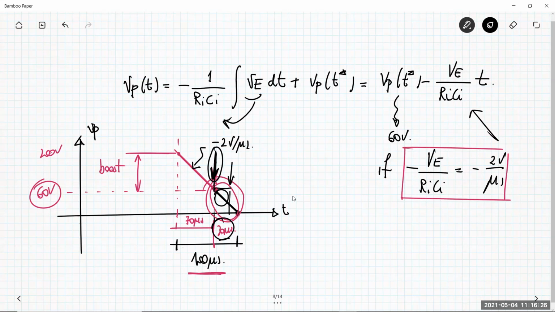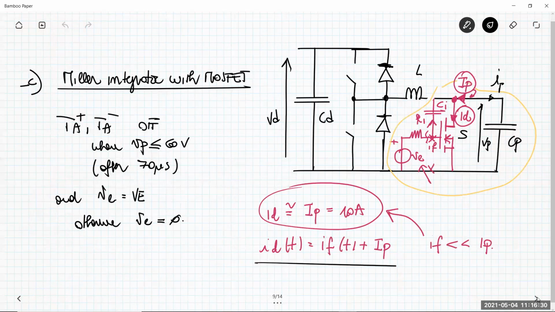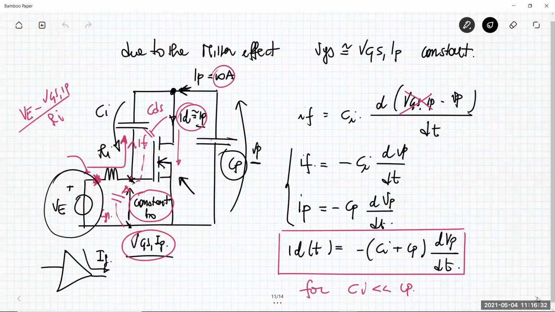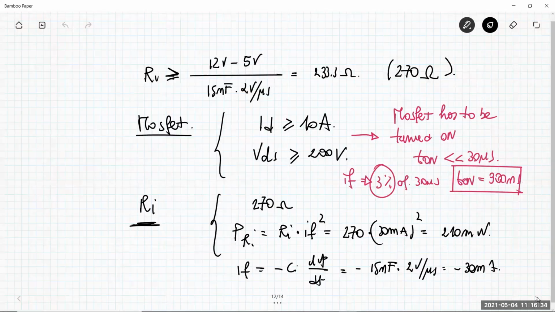I decide for a few percent of 30 microseconds. For example, in my decision here, your decision can be different, is to have 3% of 30 microseconds. So it means that after 900 nanoseconds, my transistor is effectively conducting. For me that is enough. You can choose 5%, 2%, whatever.